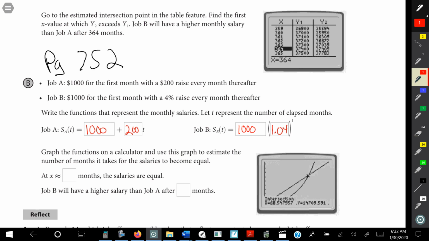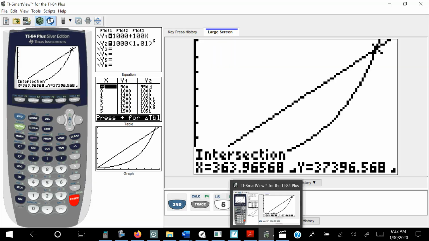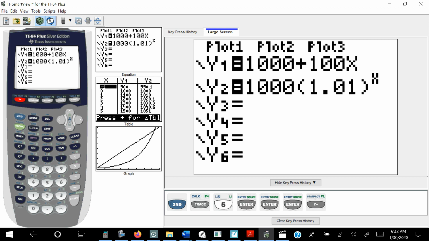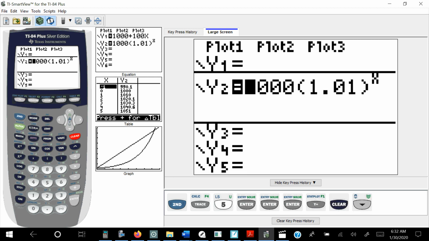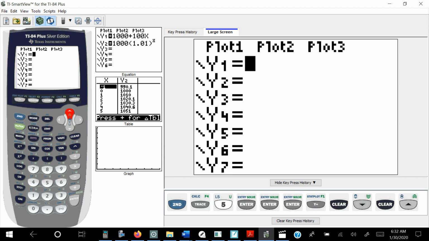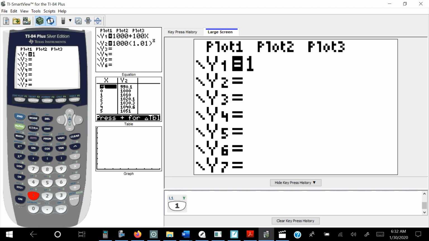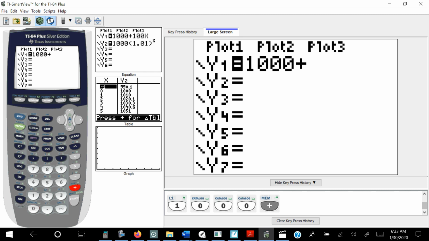Okay, and now what we're going to do is type both of those functions in the calculator and see what we get. So I'm going to go back to y equal. I'm going to clear this out. Okay, and I'm going to start with 1,000 plus 400.